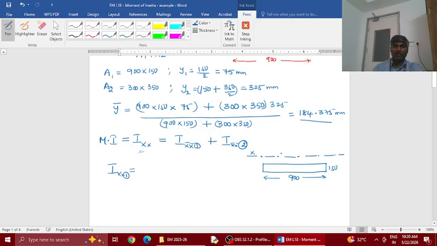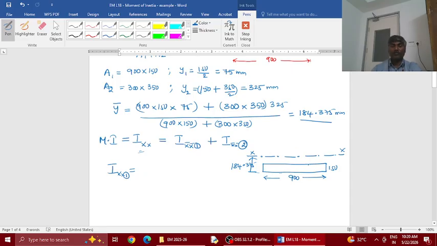The overall x line is at a distance of 184.375 mm from the bottom.